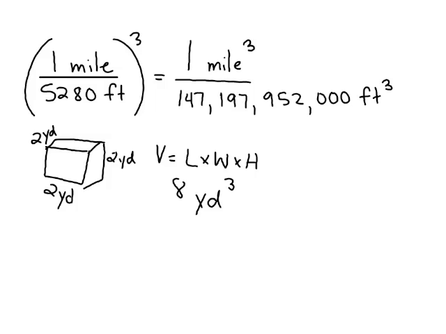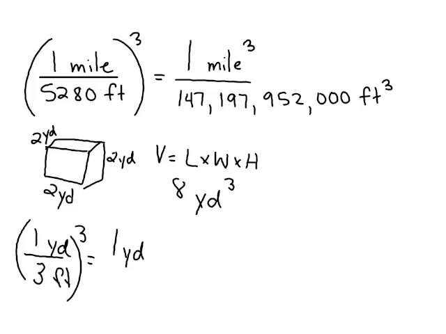So which ratios do we need? 36 inches to 1 yard. Okay, I need feet to yards. So 1 yard is 3 feet. 1 cubic yard, how many cubic feet? 27. 3 cubed.